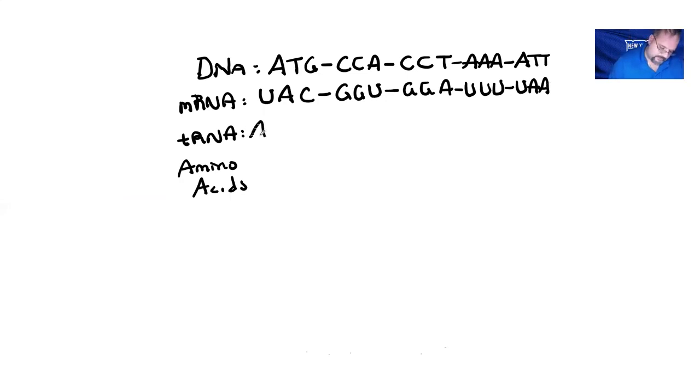So uracil would give us adenine, adenine would give us uracil, cytosine would give us guanine. Guanine would give us cytosine, uracil would give us adenine. Remember, messenger RNA and transfer RNA are complements of each other. Two guanines would give us two more cytosines. The adenine would give us uracil. The three uracils are going to give us three adenines. And then finally, the UAA will give us AUU.